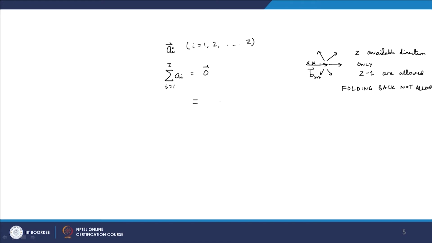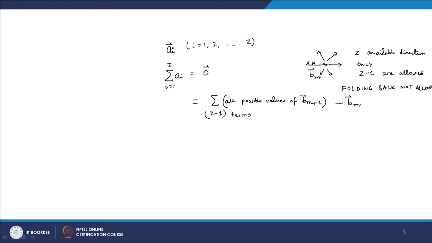Okay. So, the sum over all possible values of Bm plus 1, which will have z minus 1 terms, and then the one which is disallowed is minus of Bm, because the chain cannot fold back into itself.